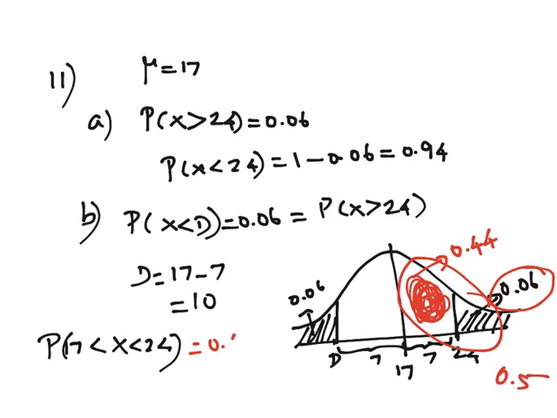So the probability of finding a tree whose height is between 17 and 24 is 0.44. What it means is, out of 100 trees, 44 trees will have heights between 17 and 24.